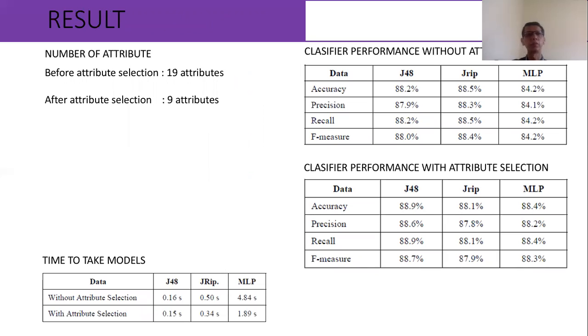The result: the number of attributes before attribute selection is 19, and after attribute selection is 9 attributes. The number of attributes becomes half. The prediction model results indicated that GRIP has the highest accuracy, followed by C4.5, then MLP.